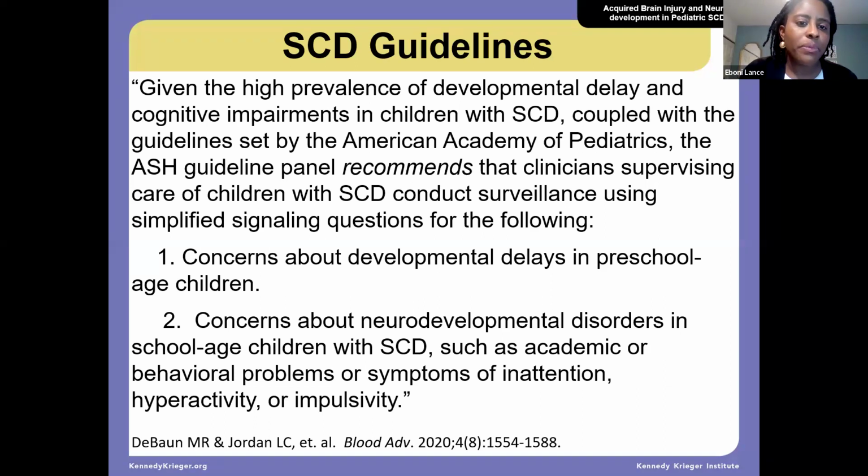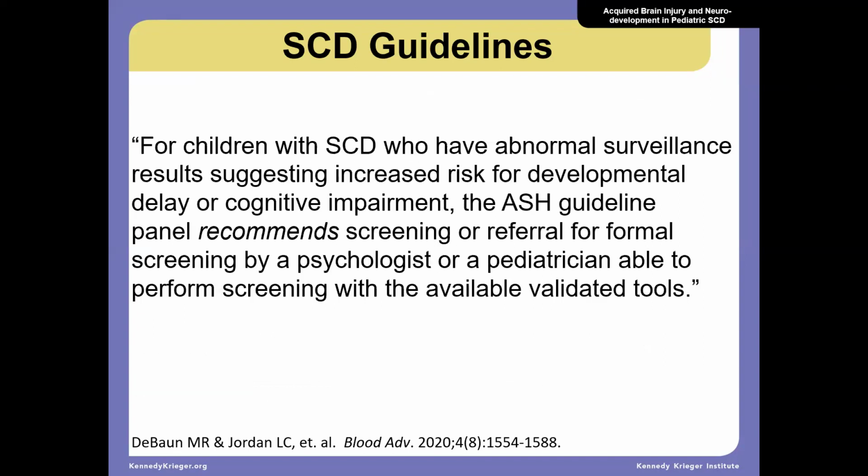And so it basically says that hematologists or clinicians taking care of these patients do developmental surveillance by asking about developmental delays in preschool children and neurodevelopmental disorders or specific symptoms of ADHD in the school-age patients. And again, that's because of that frontal lobe predominance of brain injury.